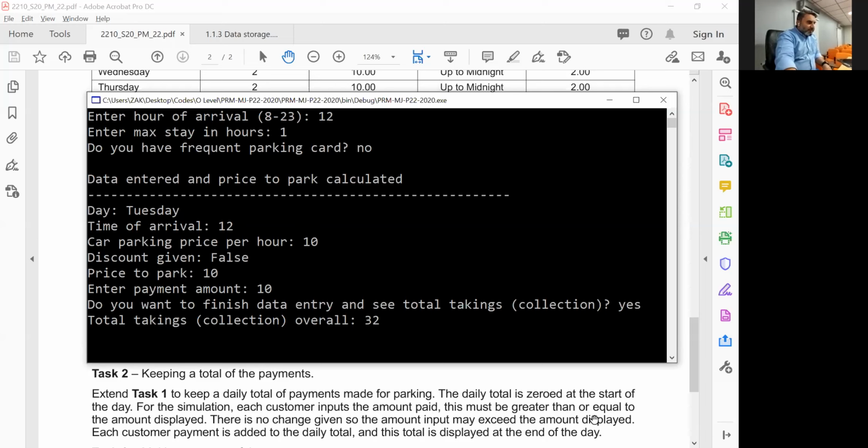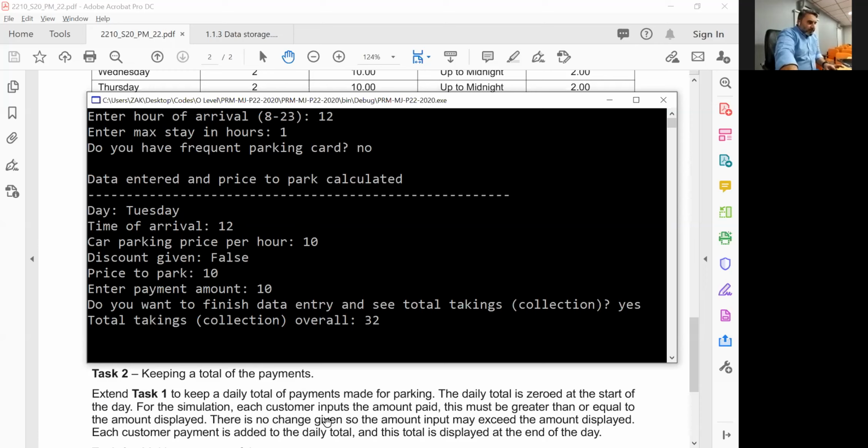This must be greater than or equal to the amount displayed. So here the amount paid was 10. We made our customer enter the data. If the data is more than the amount on the screen, then it is accepted. If it is less, then the validation comes into play and it rejects it.